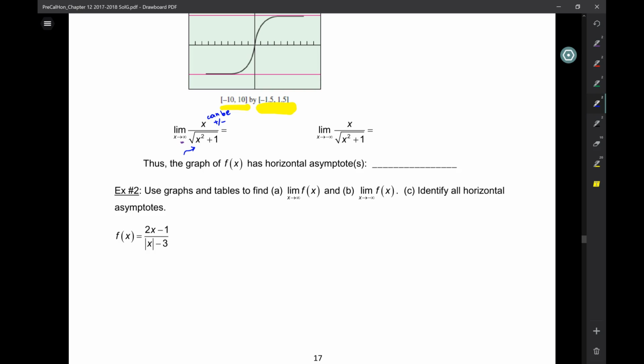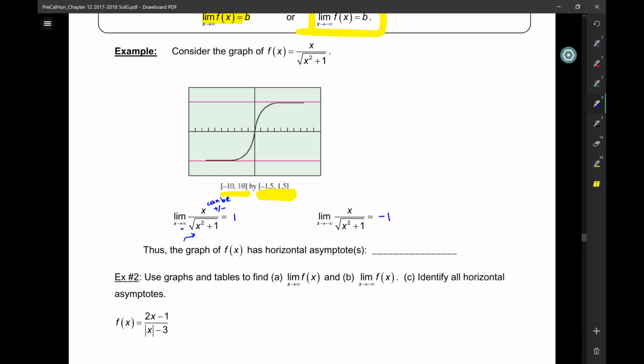Because x approaches infinity, this will be 1, and as x approaches negative infinity, this will be negative 1. So because the limit as x approaches infinity is 1, as x approaches infinity, it is leveling off at 1. It'll never be higher than 1.